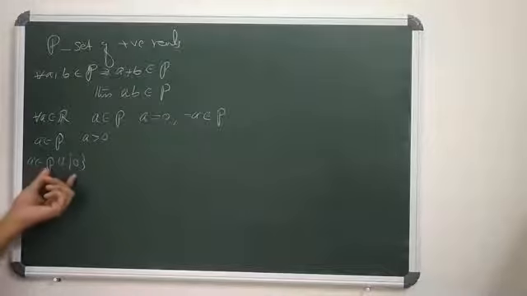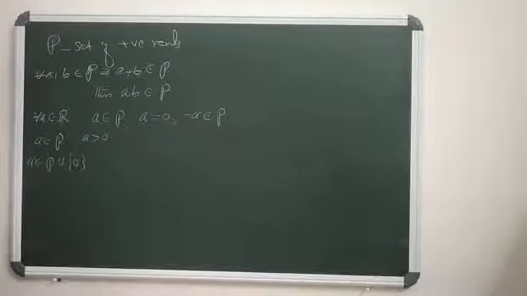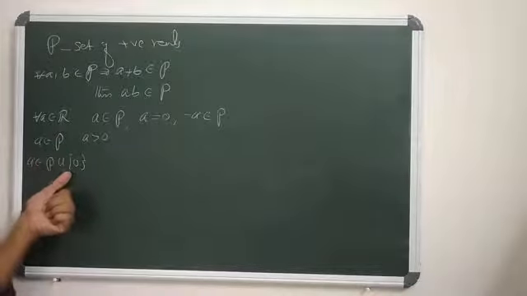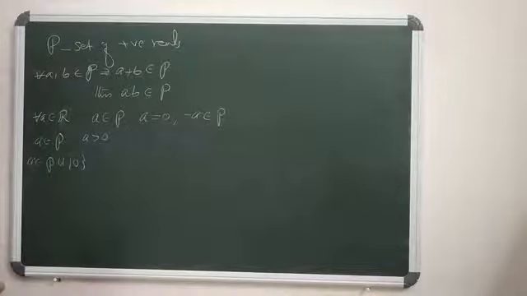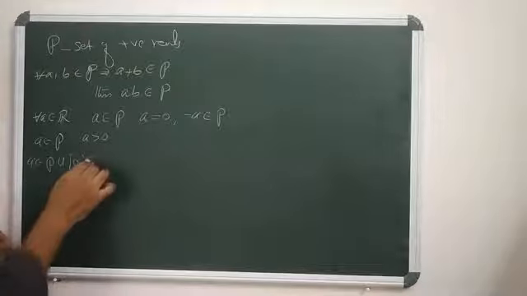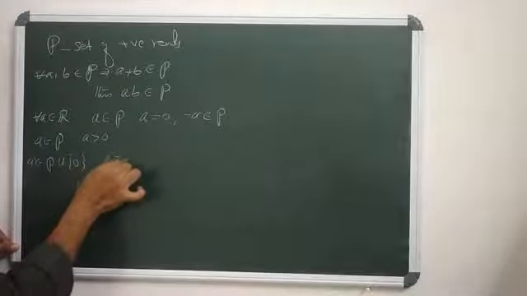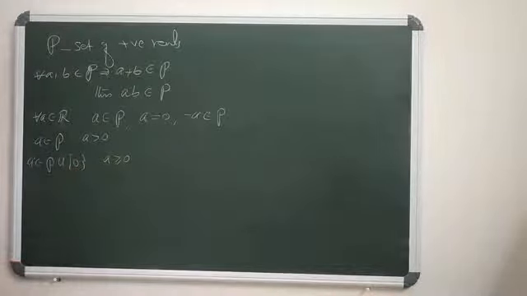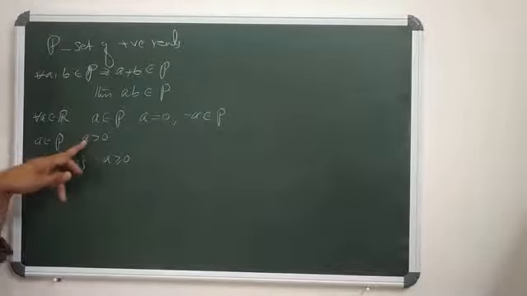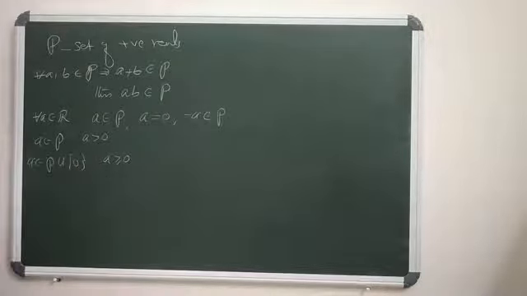If you consider the set P union {0}, then this is the set of all positive reals including 0 itself. So if A is in P union {0}, then A is a non-negative real number, A greater than or equal to 0.